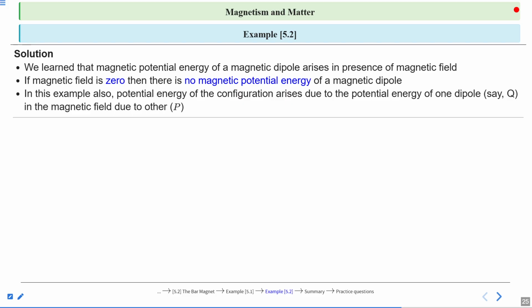We have to find the potential energy of Q1, Q2, Q3, Q4, Q5, Q6 in the presence of the magnetic field produced by the P needle. Got it?